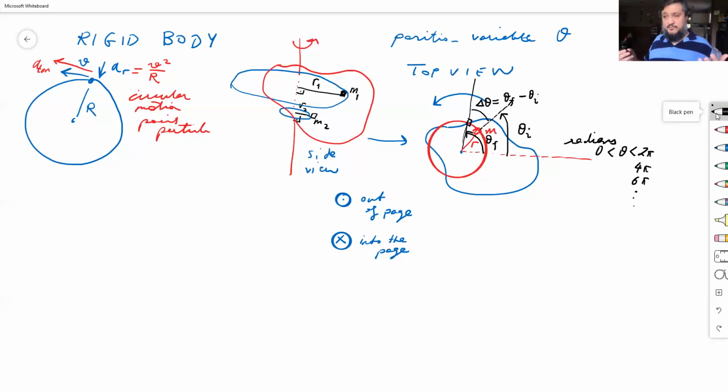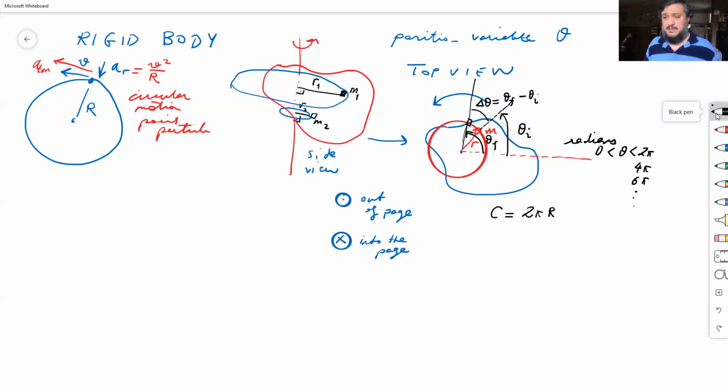Again, this idea of radians comes from the concept of the arc length and circumference. So I think I explained these in the circular motion videos, but let me quickly go over those. So the circumference of a circle is just 2 pi r. Let me just use the letter capital R here for any radius.